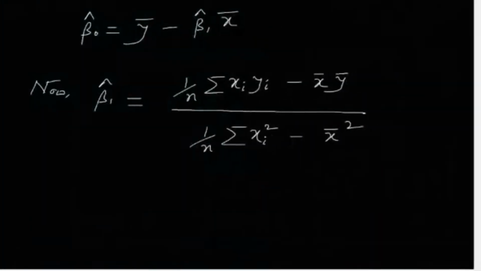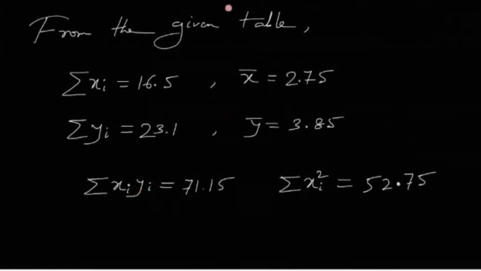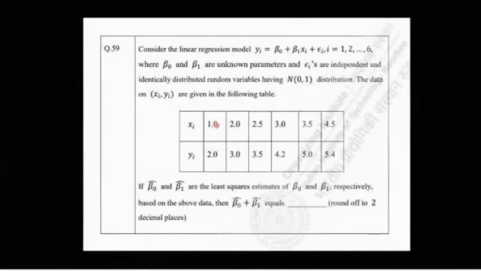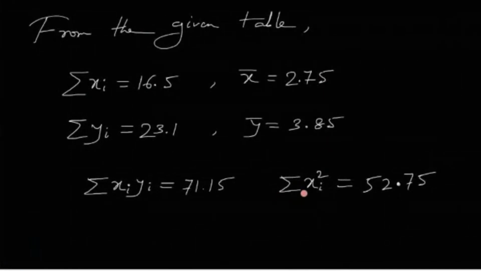Summation xi yi is nothing but multiplying the corresponding values and adding them: x1 into y1, plus the product of the next two values, and so on. And summation xi square is just squaring each of the values of xi and adding them.